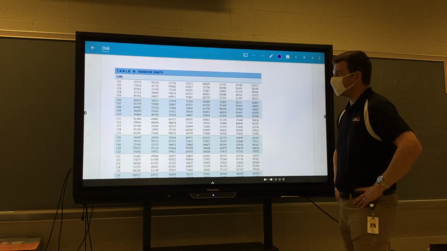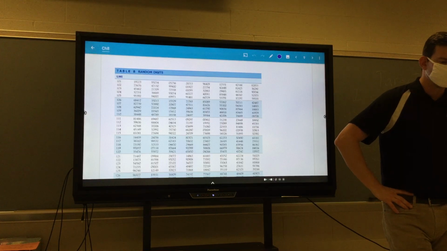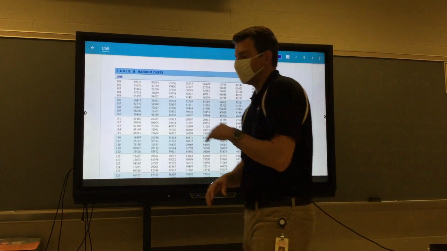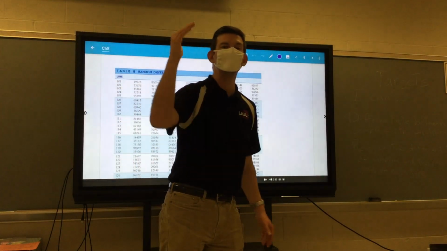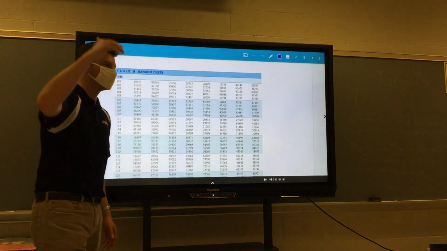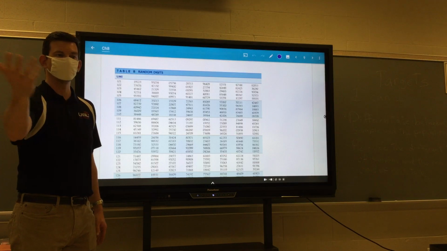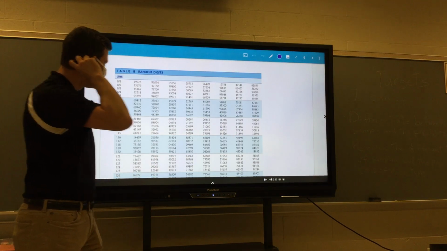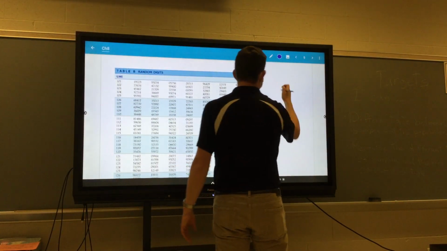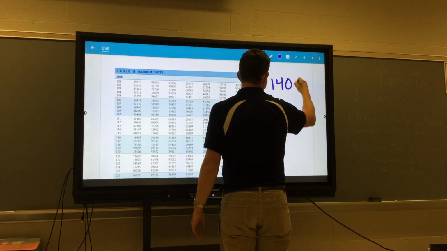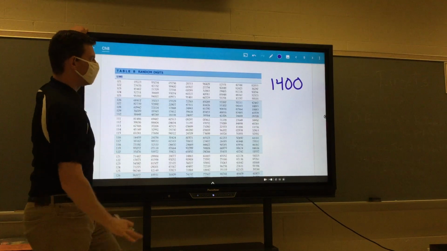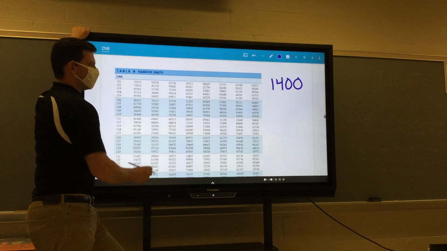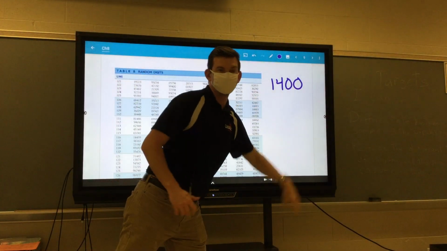Now, the way this works is you are identifying some place to start. We still have our population numbered 1 through whatever, 1400. But when I have those restrictions, I'm working my way through this field of numbers to identify something that would fit under 1400.